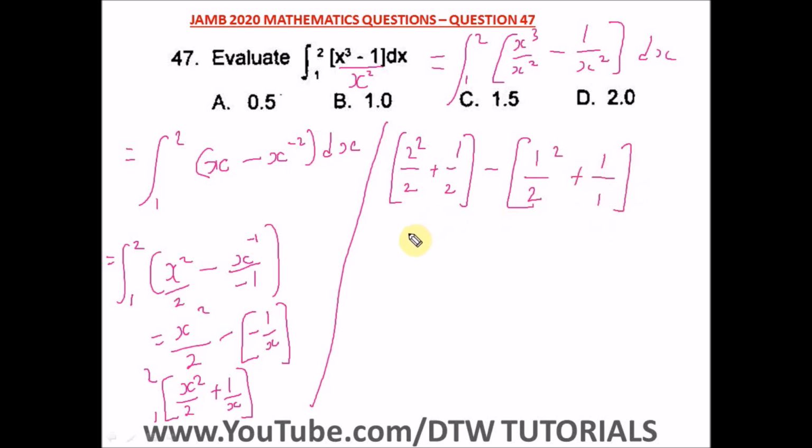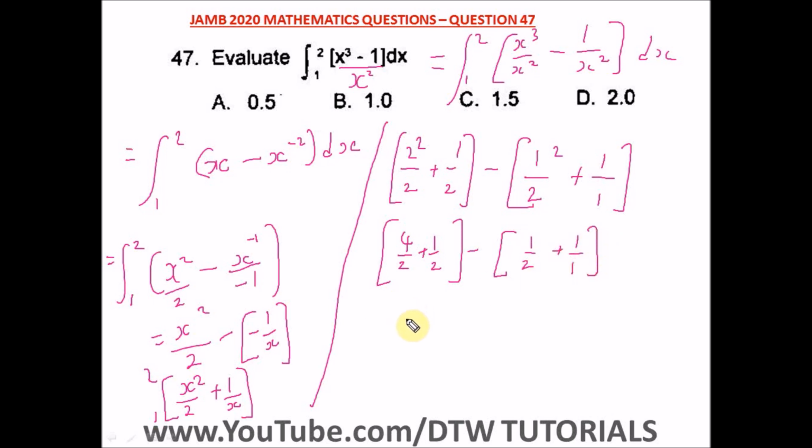So this is left with 4 over 2 plus 1 over 2 minus 1 over 2 plus 1 over 1.